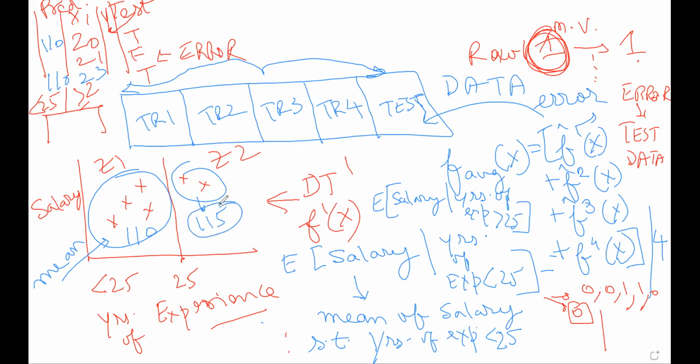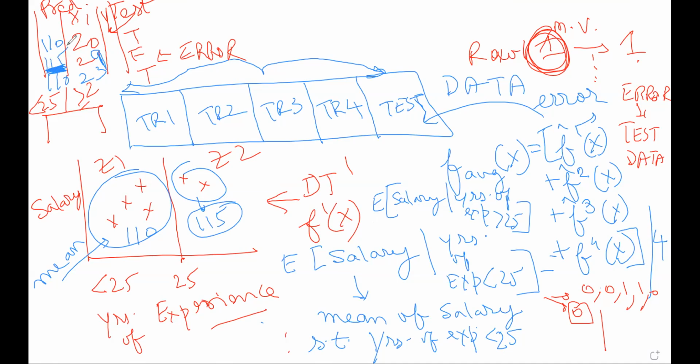So say this is 29. What would be the predicted value of salary when the years of experience is 29? What should I write here? 115. Correct. Very good.